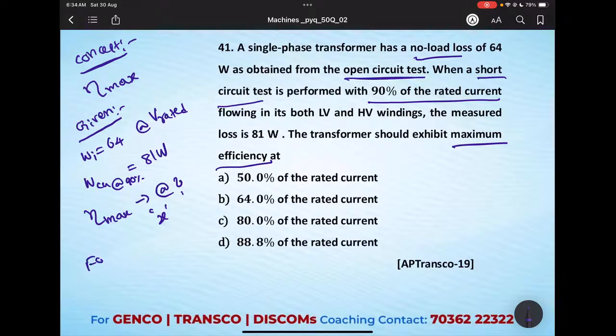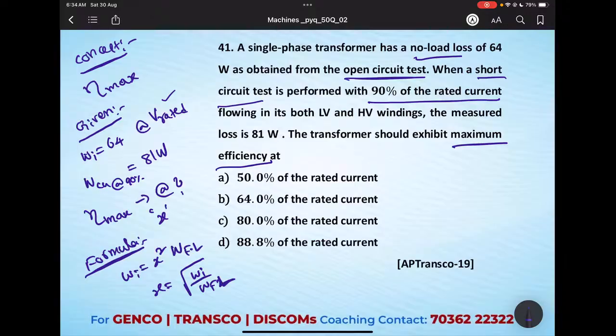What is the formula we know? Iron losses equal X square into full load copper losses. From this we can write X is equal to the square root of iron losses by full load copper loss. This is the formula we know. But in the given data, the iron losses are at rated condition, so they are actual.